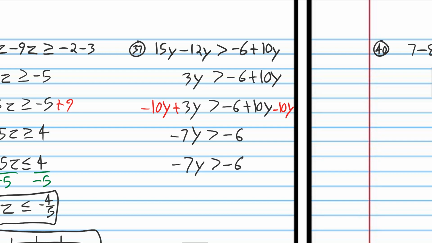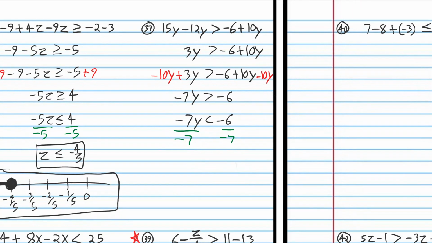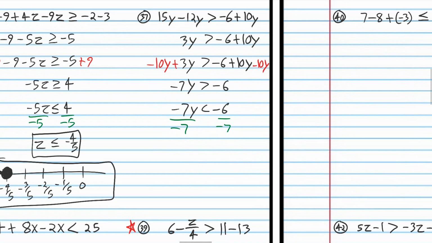And I'm going to have to flip that inequality sign, make it a less than sign, because I'm about to divide both sides by a negative. And y is less than 6/7. So if you got y is less than 6/7, good job.